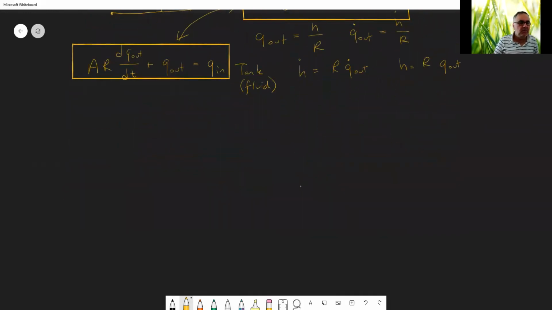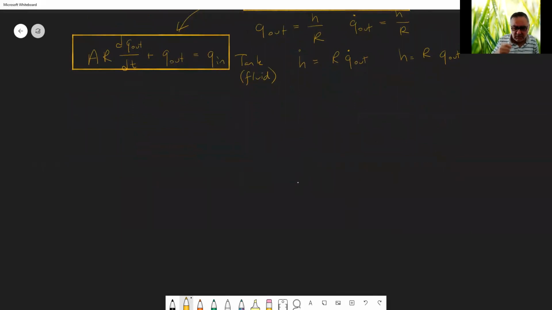Okay, well, you don't have to have just one tank. You might have multiple tanks. You can have, for example, 2 tanks in which the following is the case. Let's say you have flow coming into one tank. And 2 tanks are connected to each other by a fluid resistance.